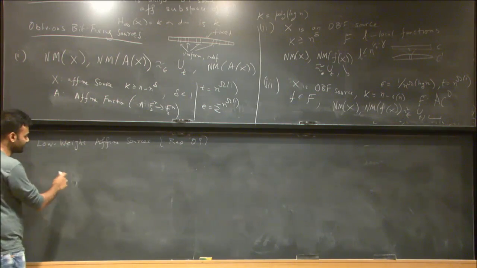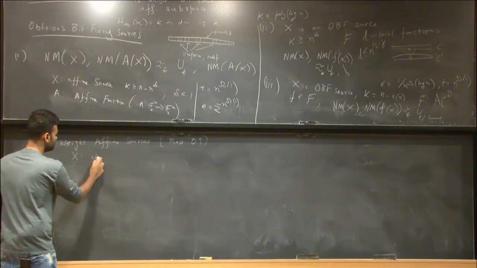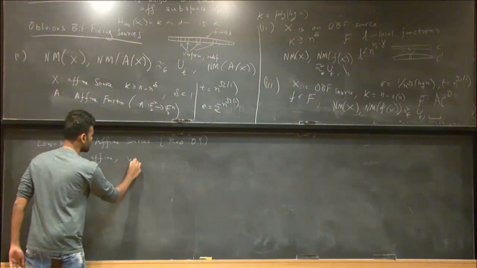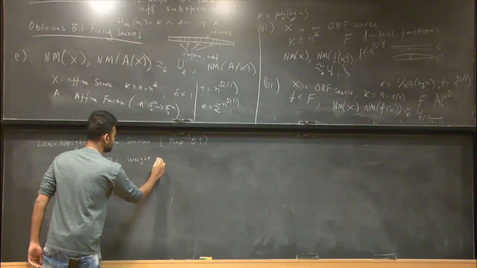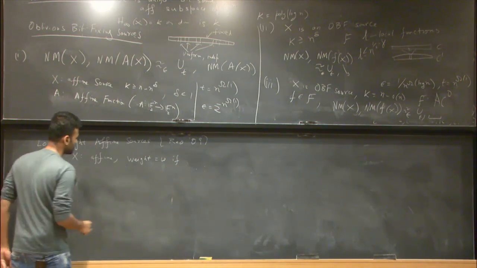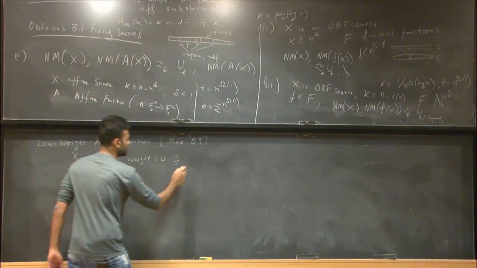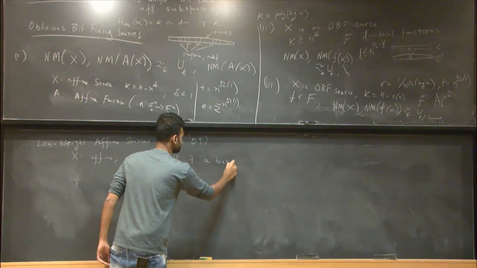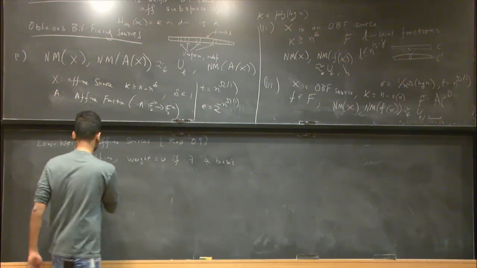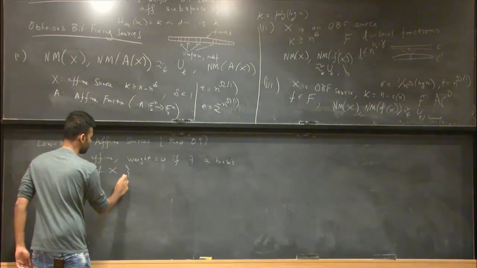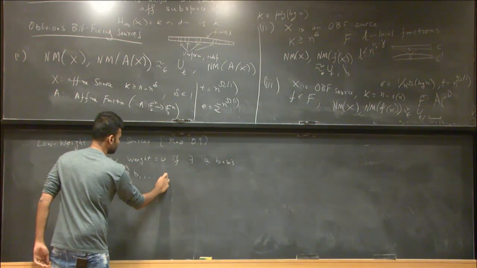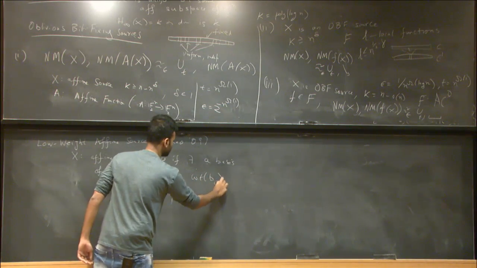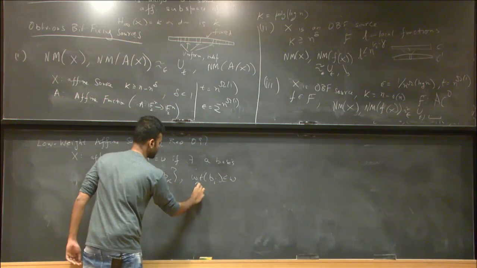An affine source X has weight W if there exists a basis of X, B1 through Bk, such that the weight of each Bi is at most W, where this is the Hamming weight.